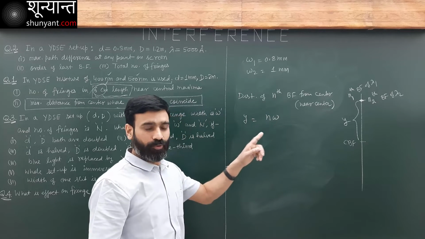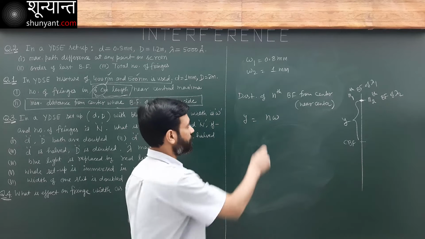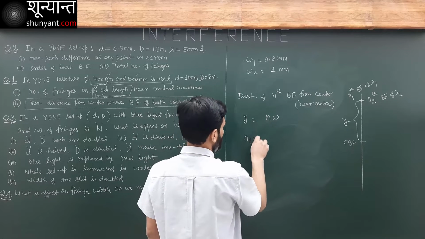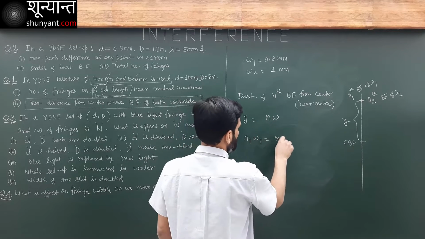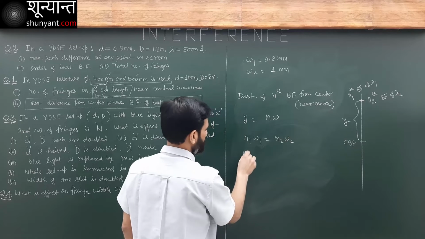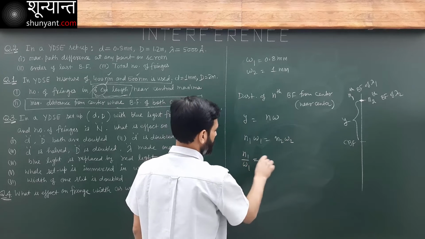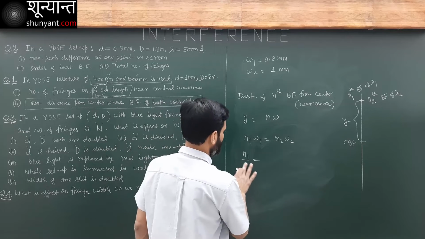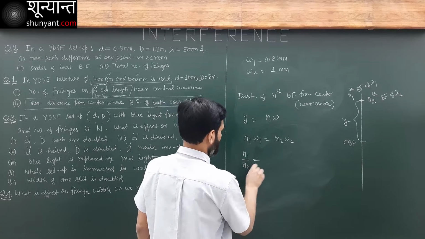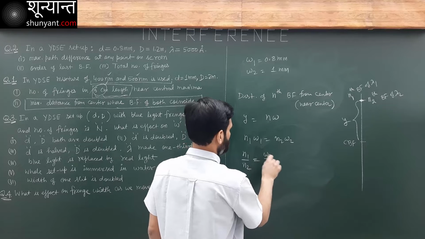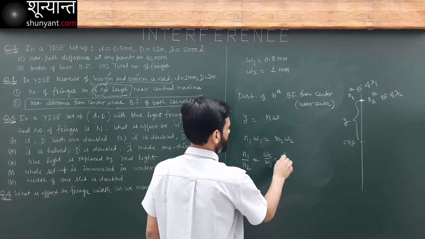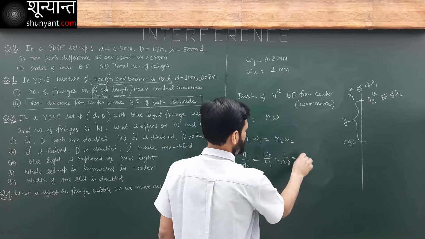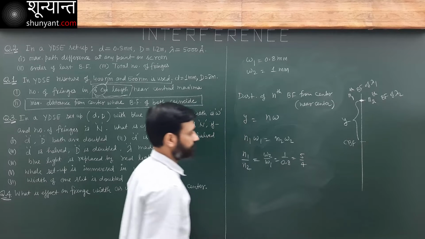At the same point, both bright fringes are formed, so n will be different. N1 omega 1 is N2 omega 2. So N1 over N2 is omega 2 over omega 1. So this is 1 over 0.8. This becomes 5 over 4.